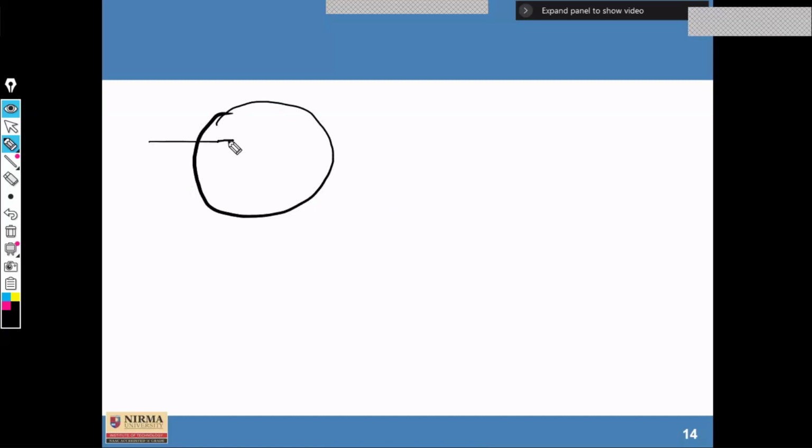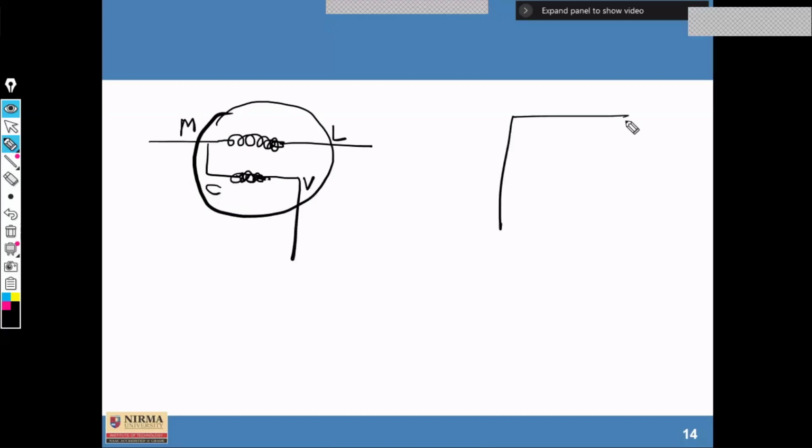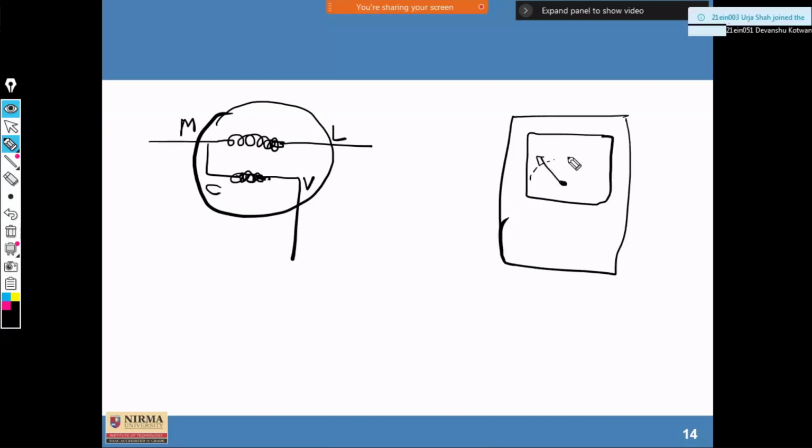Suppose this is your coil, 2 different coils are there, and 4 terminals are there: M, L, C, and V. If you look at a wattmeter in the laboratory, there would be an indicator showing you the reading of 0 to 1500 watts, for example.